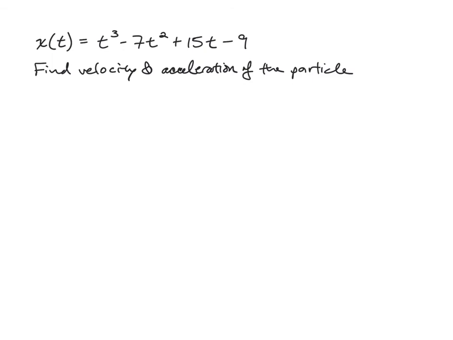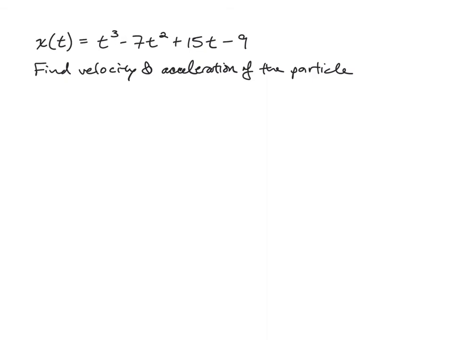So here we have a function that models the position of a particle at time t. It says find the velocity and acceleration of the particle. This is something that you're probably pretty familiar with.